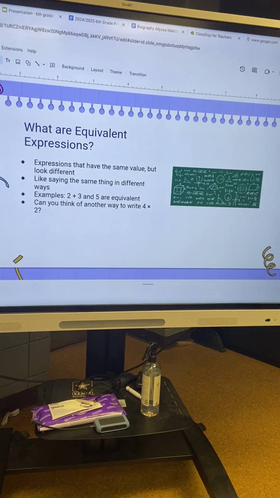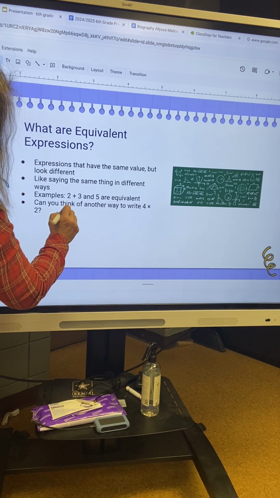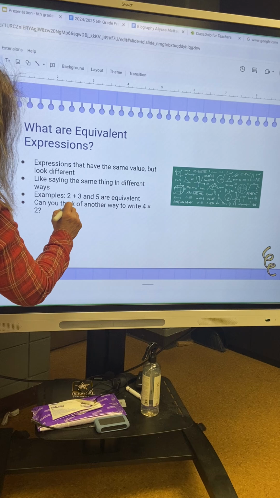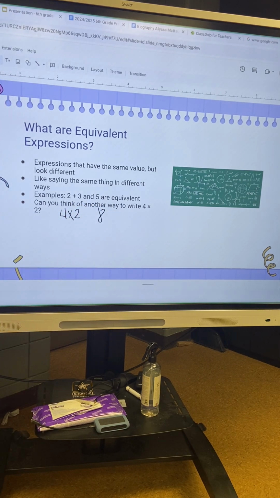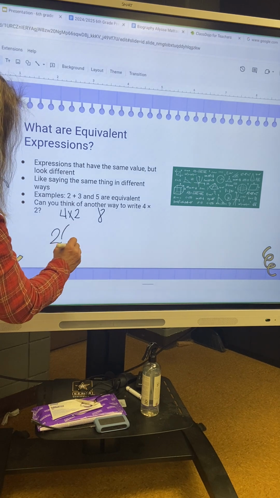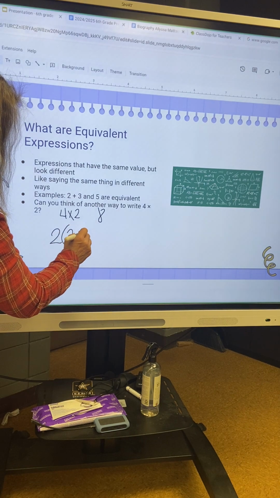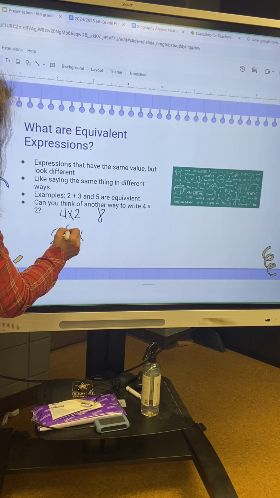Now, can you think of another way to write 4 times 2? We could write 4 times 2, and then we could say 8, right? Those are equivalent. We also could do something like this. We could make it more like a 6th grade level, and we could pull out a 2, and we could say 2 times 2 times, so 2 times 2 is 4.